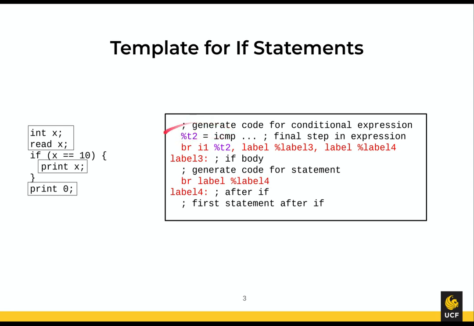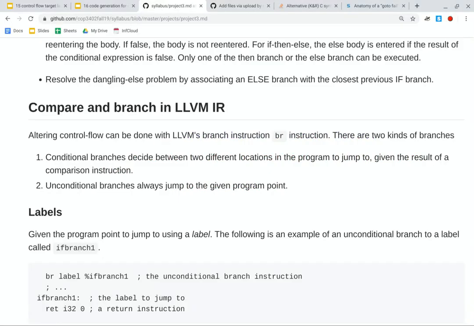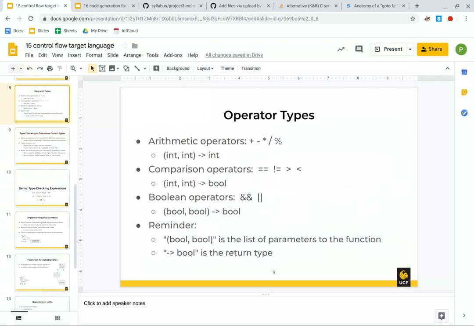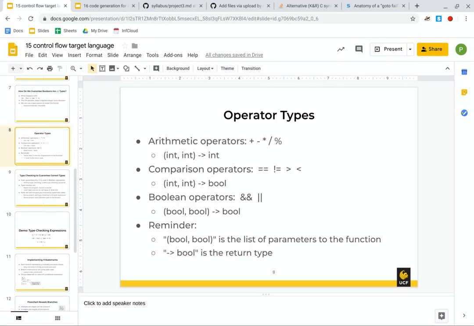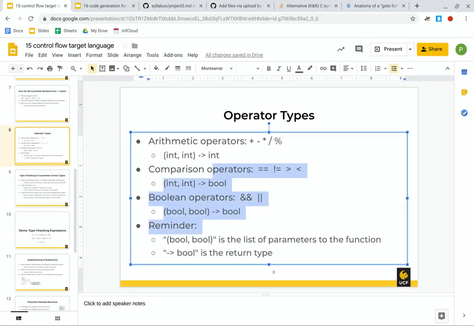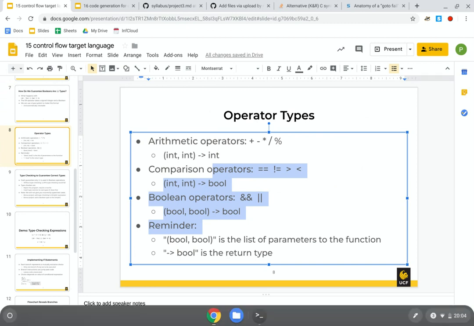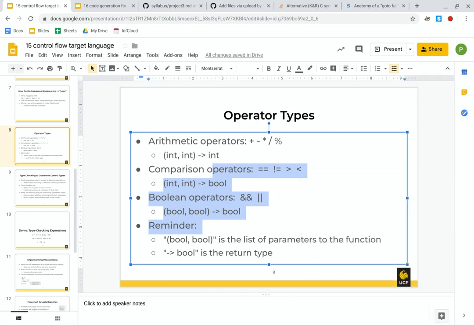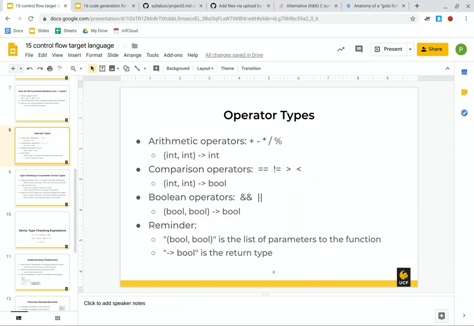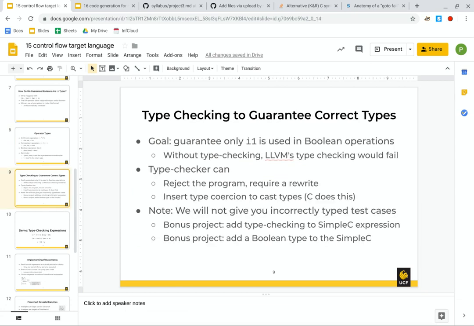Yep. So I compare. So any of these Boolean operations, remember the type of all these Boolean operations is always a bool. So as long as that's the last instruction that you run, then you're good to go. You're going to have an integer of 1 bit.